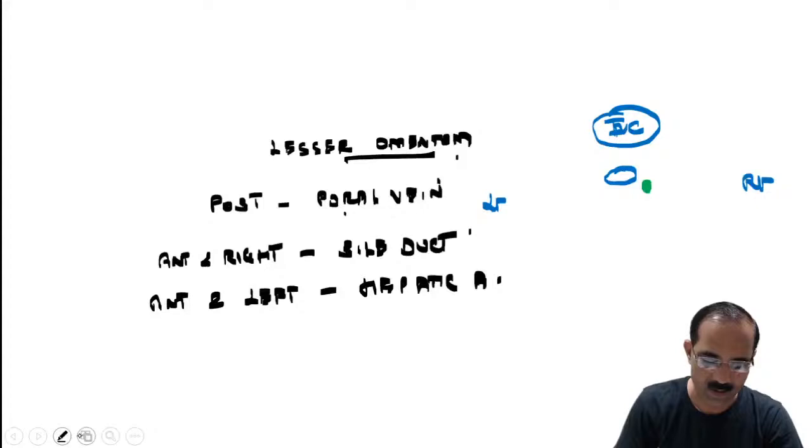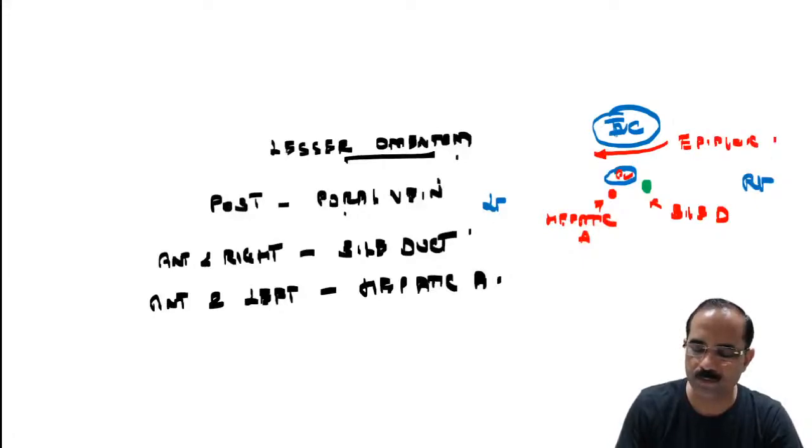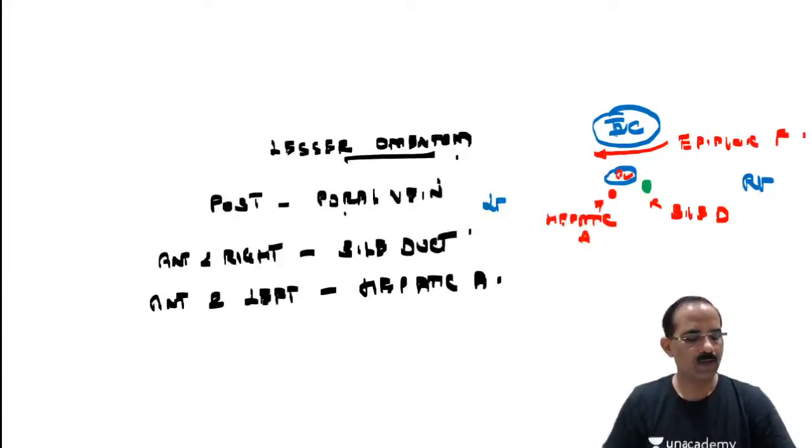The bile duct. And to the left side is the hepatic artery. Understand? So that's the hepatic artery. That's the bile duct. That's the portal vein. That's the IVC. And what is this? Foramen. Epiploic foramen. Okay? Clear, students?